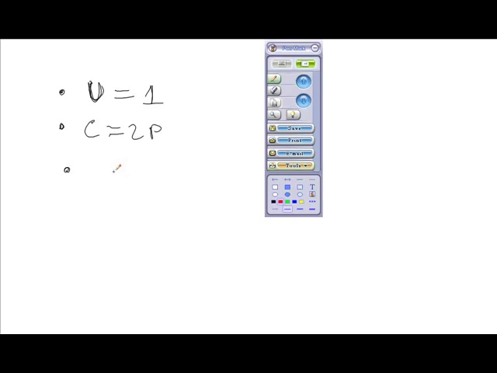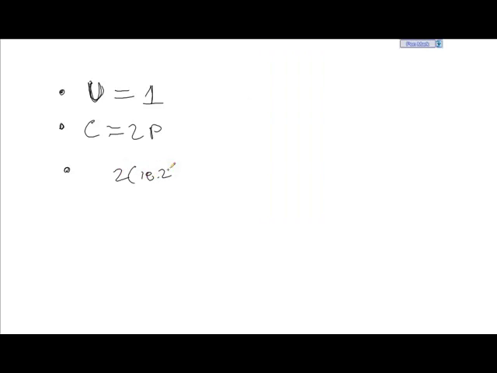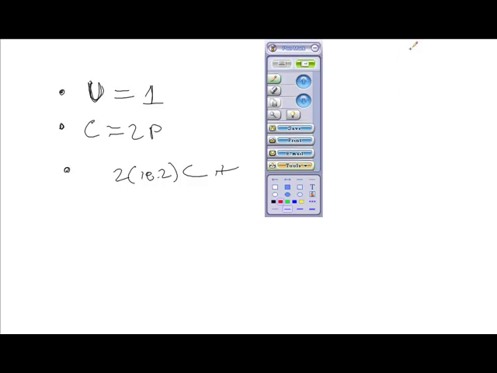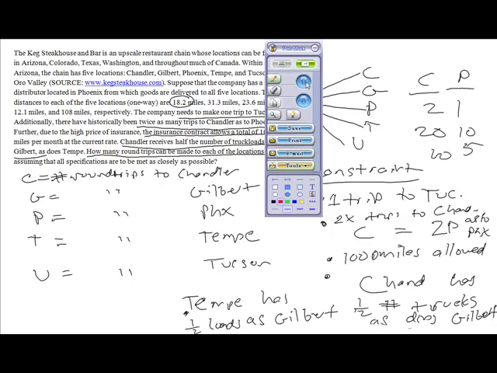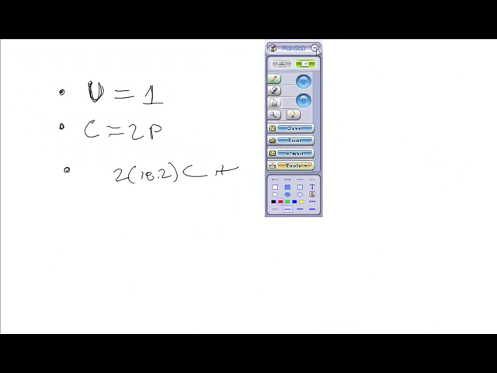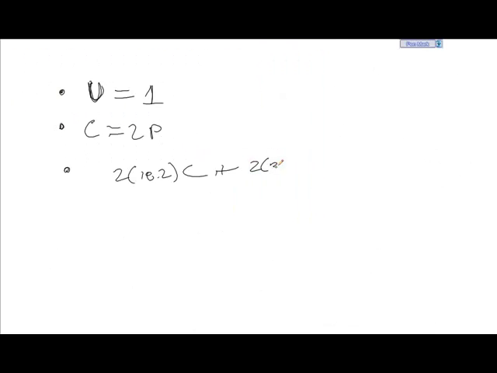So 2 times 18.2 gives the distance for one round trip, times the number of round trips, gives the total mileage, plus twice 31.3, so 2 times 31.3, times the number of round trips to Gilbert.